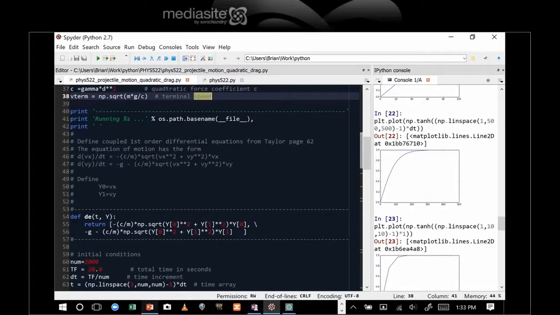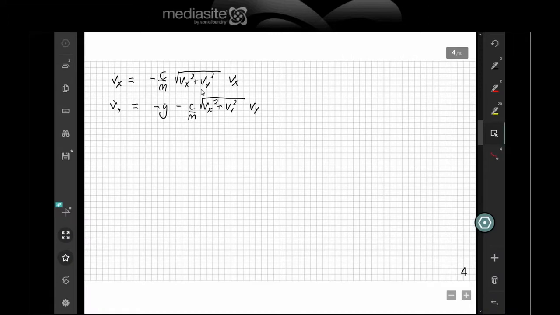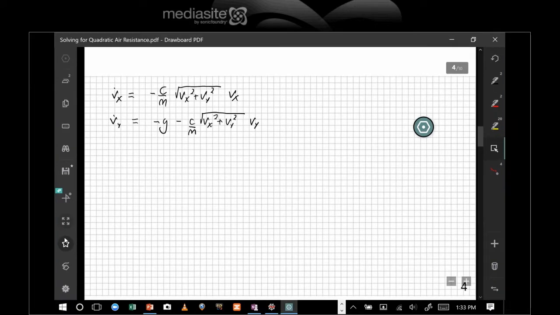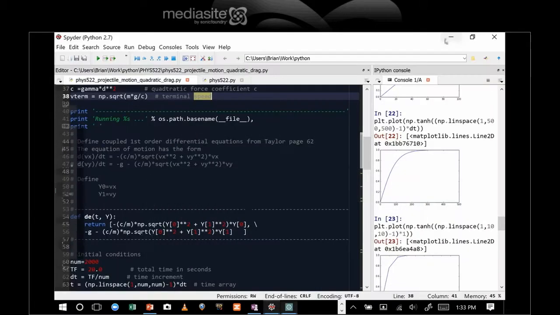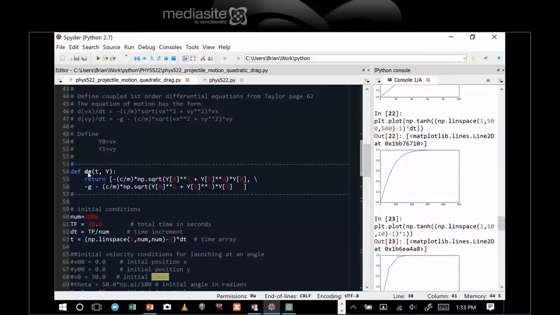Going back to what I had before, remember these are my two coupled differential equations. I've written them as first order coupled differential equations, so that's cool, because then I can solve these. So I create a function called DE, where y0 is Vx and y1 is Vy.